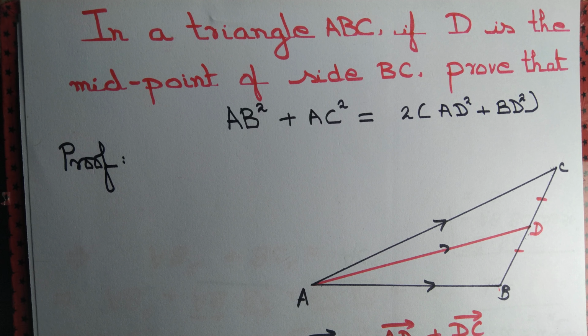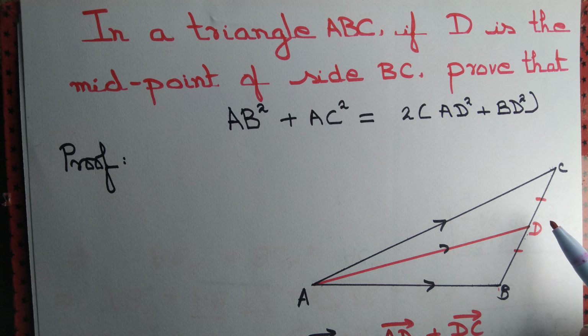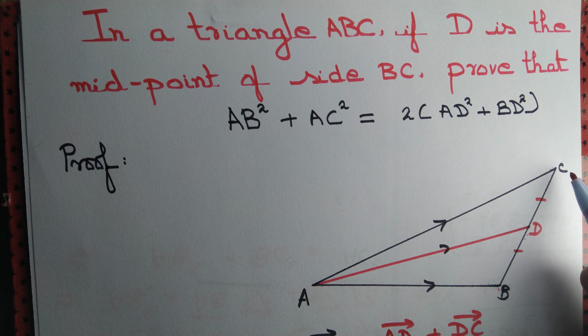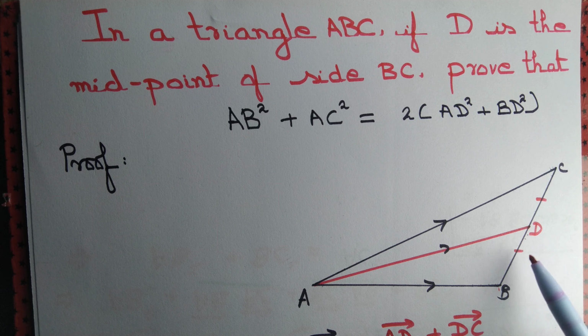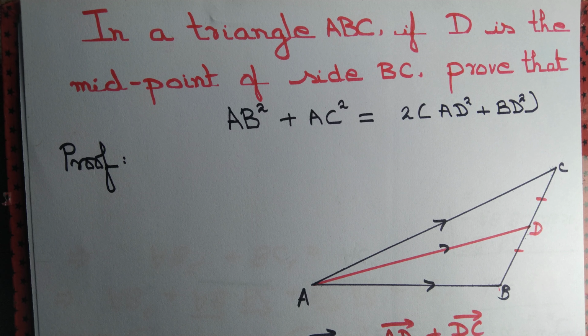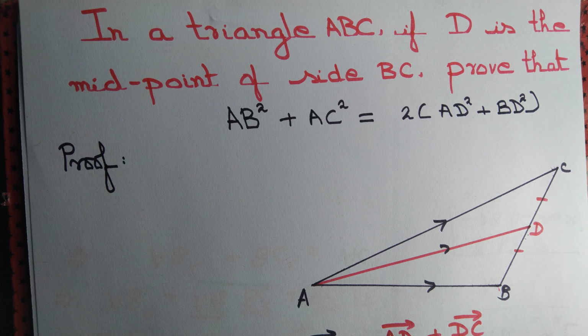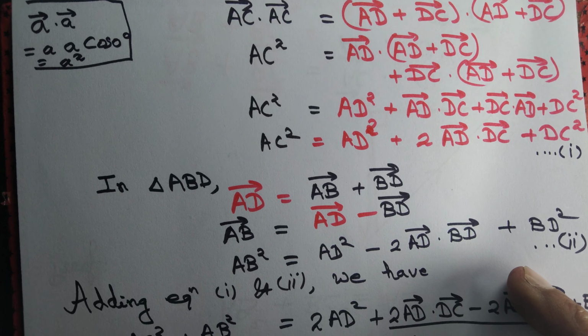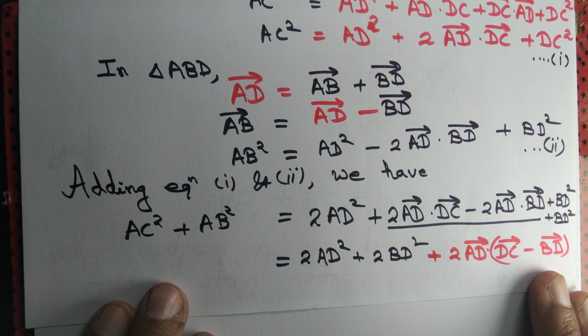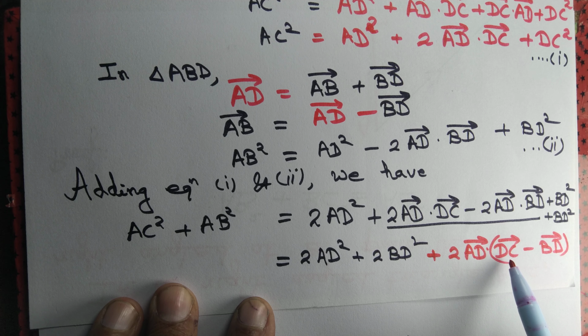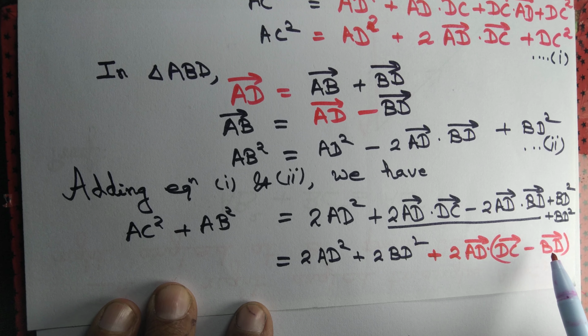Remember we are moving from D to C, and as we move from D to C, the length DC remains same. And we are moving from B to D, the length BD is same as length DC, and direction it will also remain same. So we can say DC equal to BD because their magnitude is same and also their direction. If their magnitude and direction both are same, they are equal. So DC minus BD is 0.